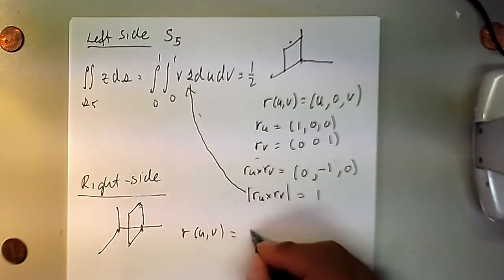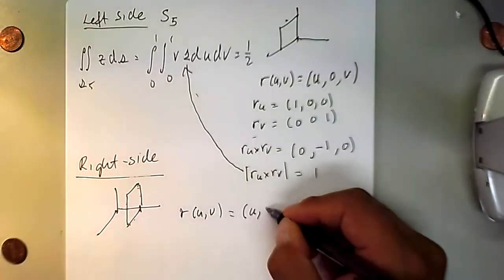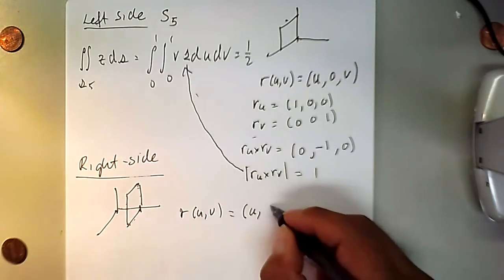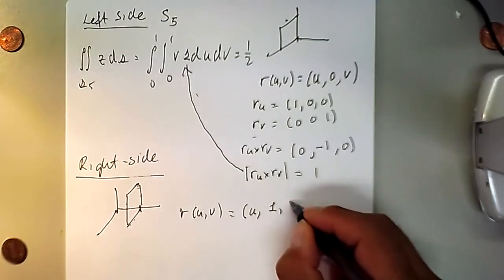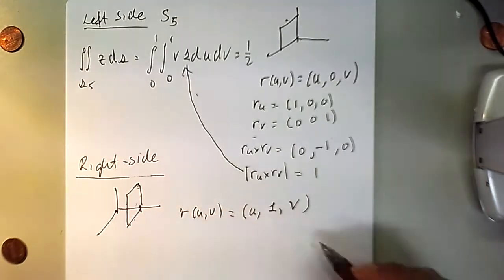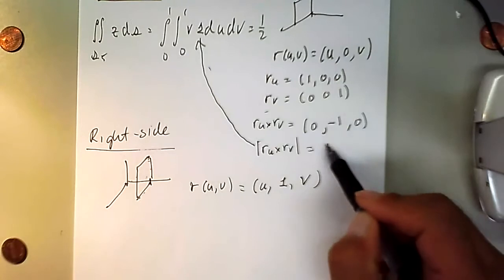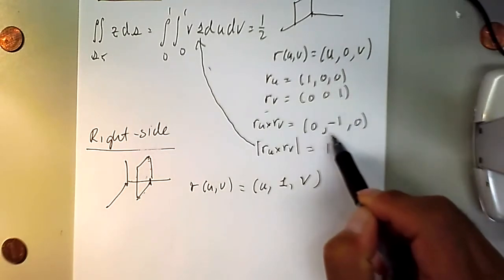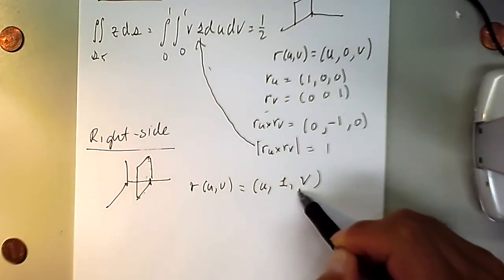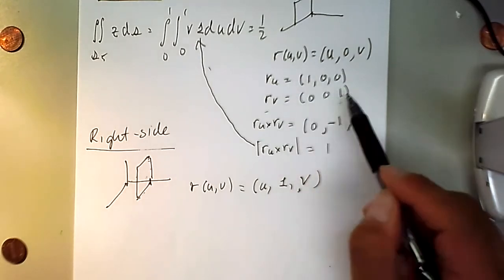R(U,V) is going to be X can extend out this way, U. Y is stuck at 1, and V is going to be the Z, and it changes. So after this, everything else will be the same. We have V as Z. The derivatives are going to be the same.